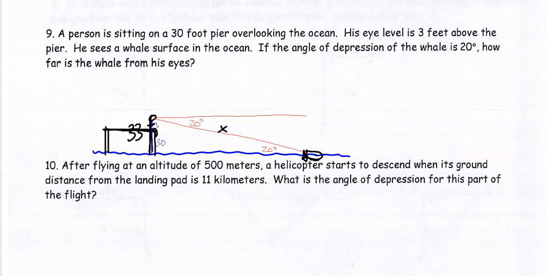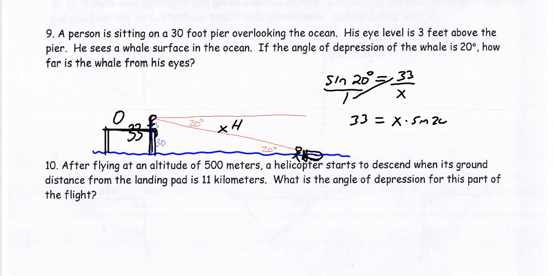So standing at the 20, if this is my reference angle, 33 is my opposite. X is my hypotenuse. We'll try sine of 20 degrees is opposite over hypotenuse. And we get 33 equals x times sine of 20.